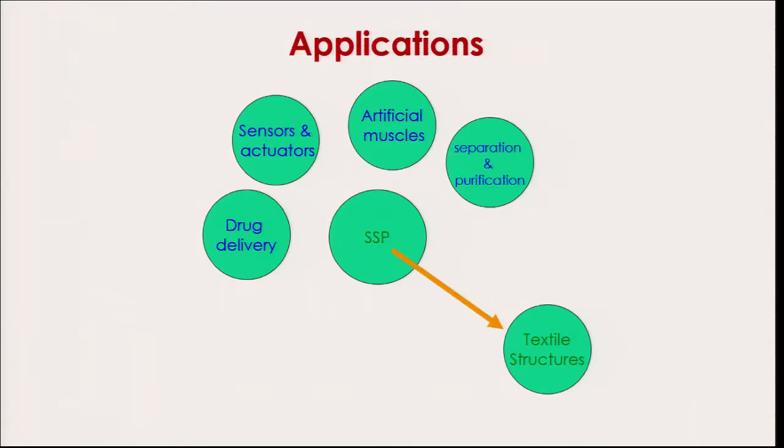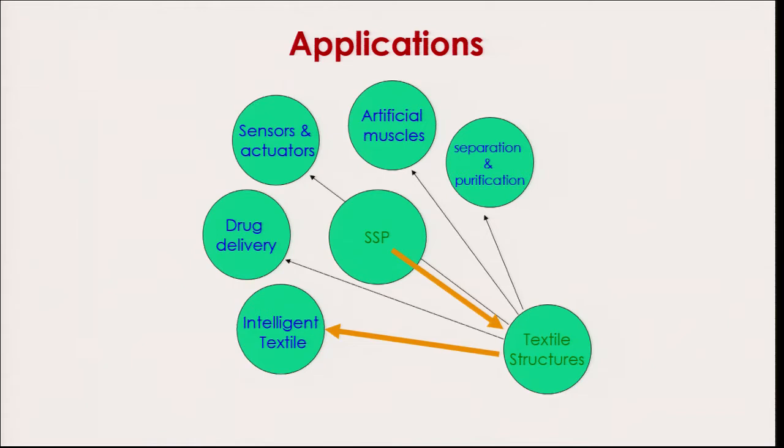And if one is able to convert these SSP polymers into textile structures, meaning thin one dimensional structures, then this structure would become an intelligent structure, and this intelligent structure would have much enhanced performance in all these applications, be it drug delivery or actuator or separation or artificial muscle.